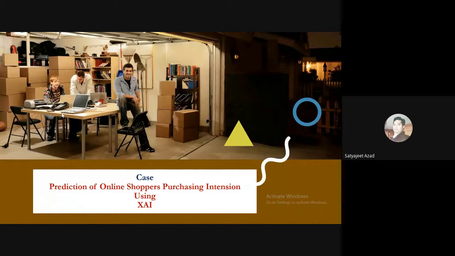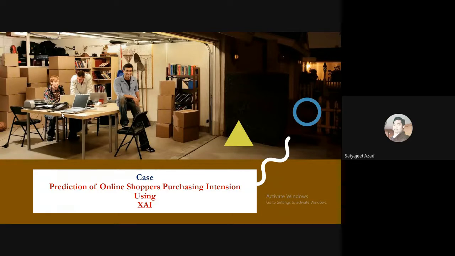We are trying to understand the reason, because based on the available features we try to categorize whether a customer will purchase or convert into revenue or not. This is a typical case in the e-commerce industry. Based on historical data, they try to capture purchasing intentions, so it's very important in e-commerce.